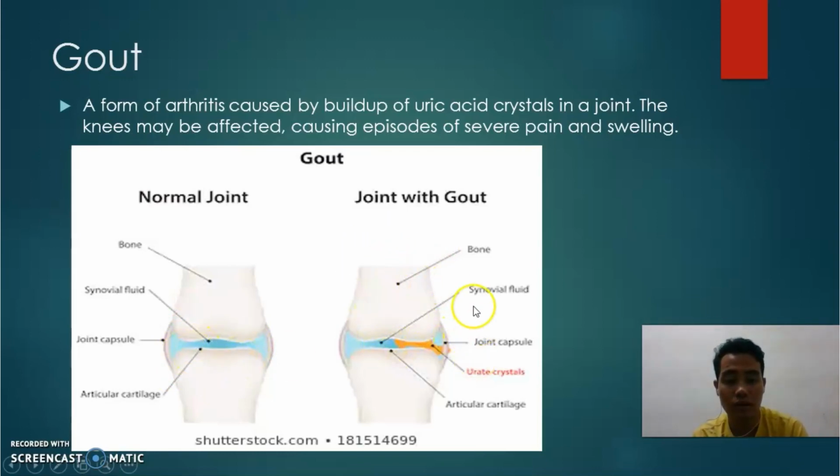You can see the uric acid combined with synovial fluid in the image.